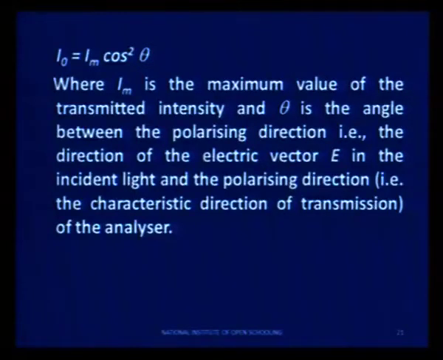And here it is very important to know that the electric field vector of the incident light and the polarizing direction, the characteristic direction of transmission of the analyzer, should be understood to understand the propagation of light with intensity.